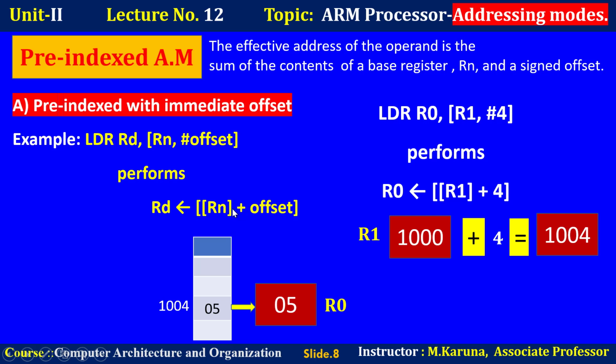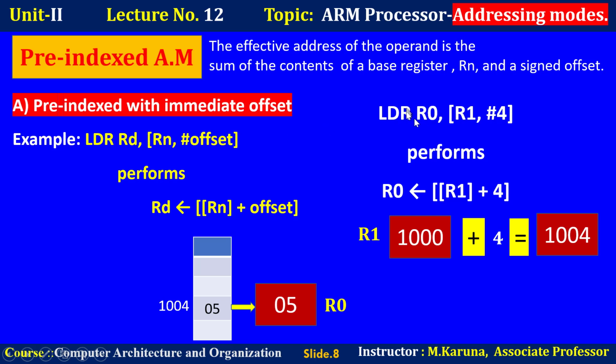At that address, whatever data is available will be transferred to RD. Now for example I am taking the offset value as 4. In place of Rn, n varies from 1 to n minus 1. So I am taking Rn as R1, and RD is nothing but the destination register.